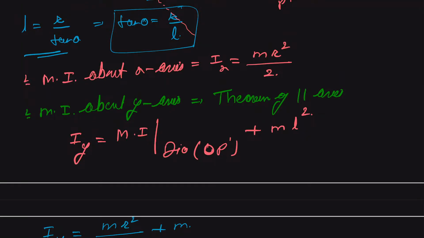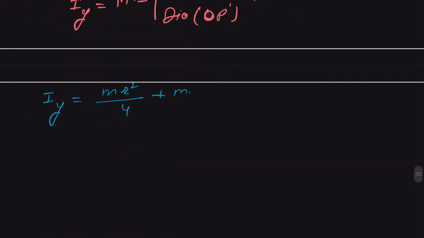L is equal to R tangent of theta, so we can write this as R tangent of theta whole square. So this is the moment of inertia about the y-axis.